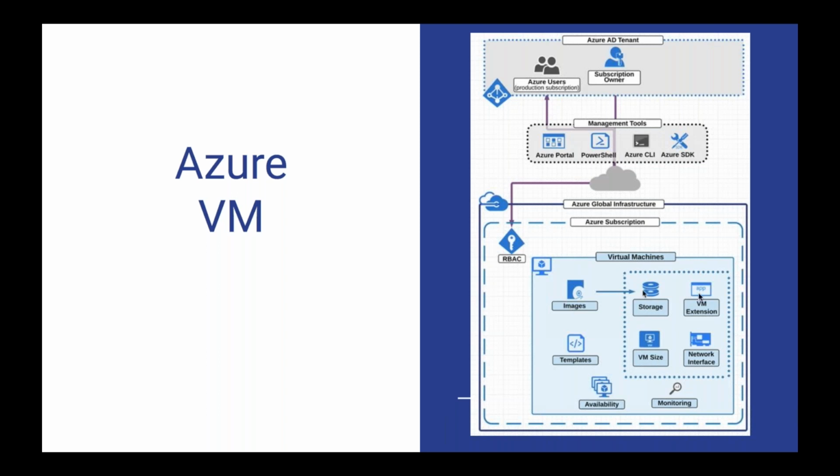Now, it also has an extra component which you can pre-cook in the image, that is the virtual machine extension. If you have any extensions already installed, those will get used. Now we have the network interface, which is step 4 of virtual machine creation. The network interface is nothing but a network interface card.